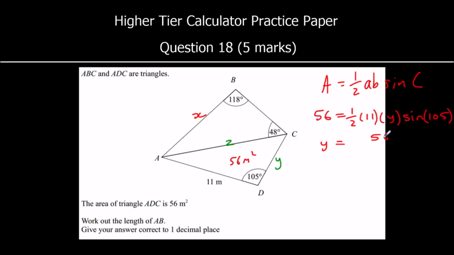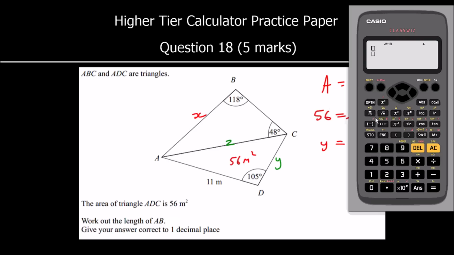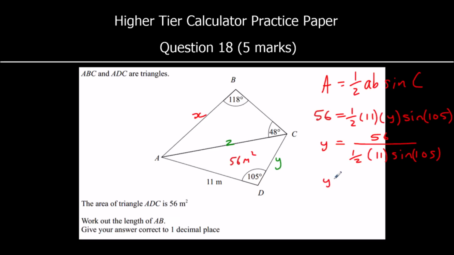So y is 56 over half times 11 sine 105. So we've got 10.54. So y is 10.54. So that's this length here.